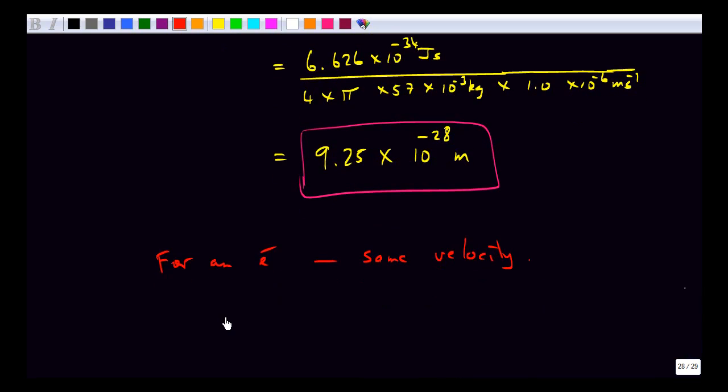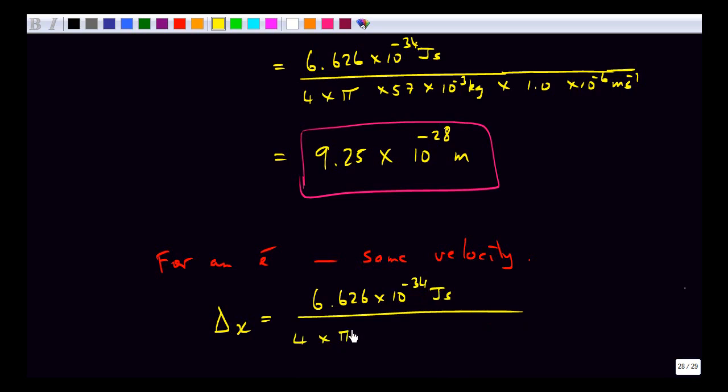So again, if you plug our values into our equation, we get delta x now is going to be Planck's constant again, 6.626 × 10^-34 joule seconds. Again, it's going to be 4 times pi, and now we're going to have to put in the mass of the electron, 9.11 × 10^-31 kilograms.